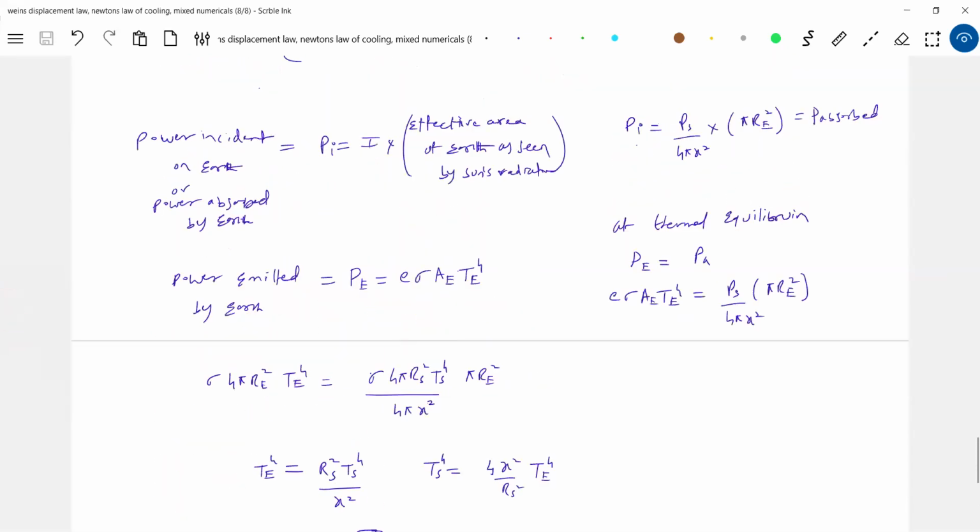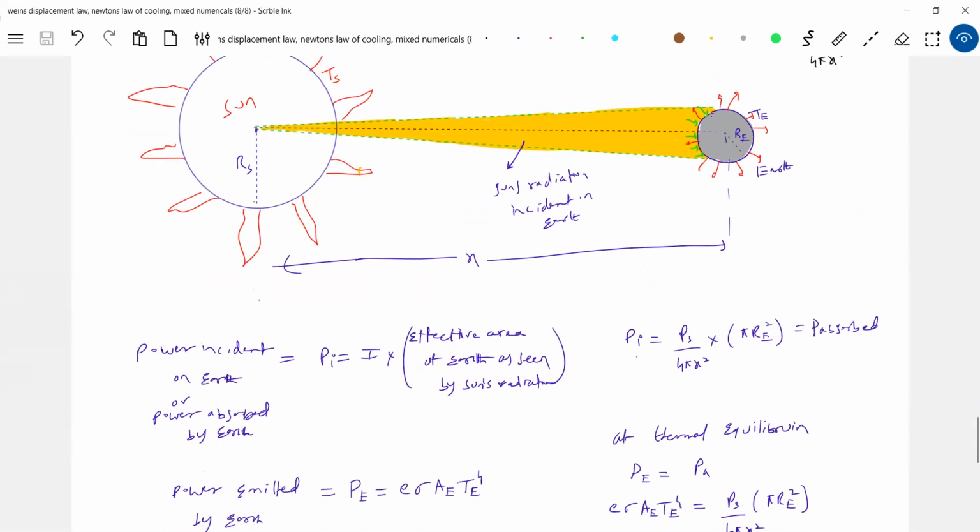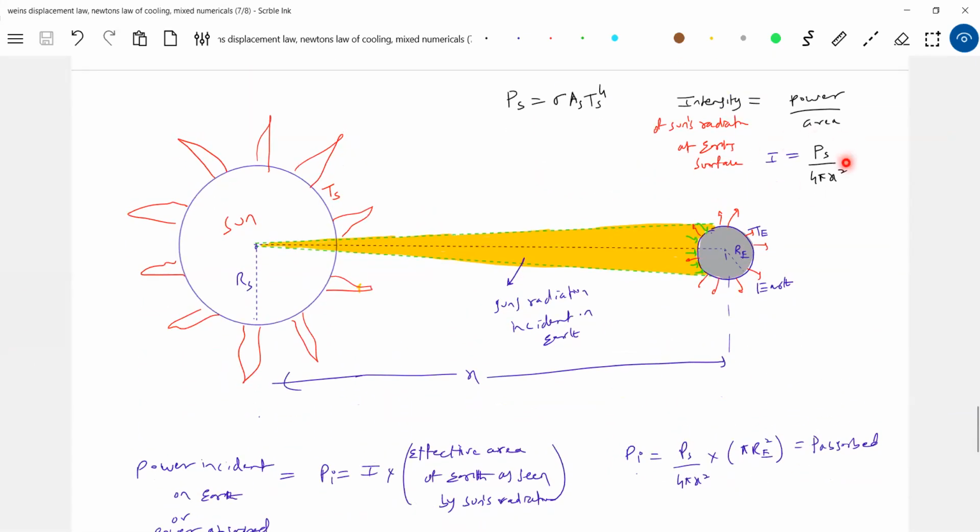If you look at the book, this quantity is called the solar constant. This intensity is called the solar constant. The distance between the sun and the earth on average will be the same, so this will be the solar constant.